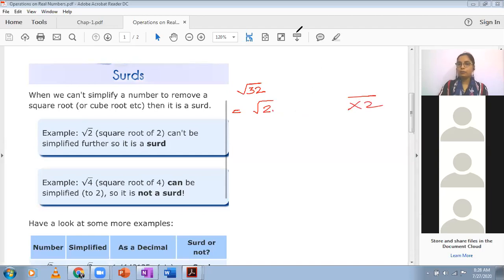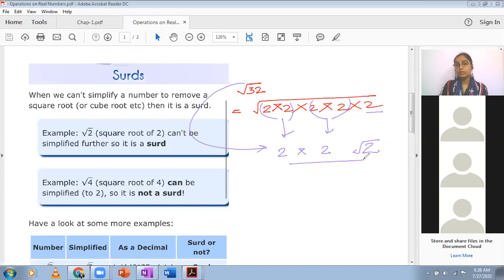And after you've written the prime factorization, the next step is to pair up. And you were told the pairs which are complete are out of the root, and what does not have a pair will stay inside the root. So as such, this has been simplified, but still there is a value which is under the root. It has not completely been removed. The root sign is still there. So that means this value here is a surd, but we like to keep it in the simplified form.